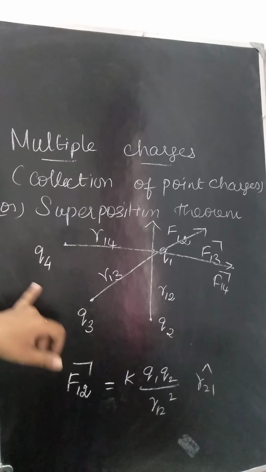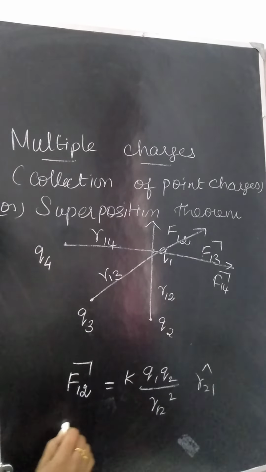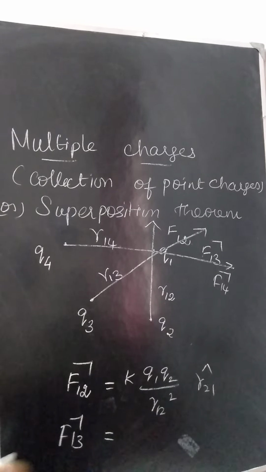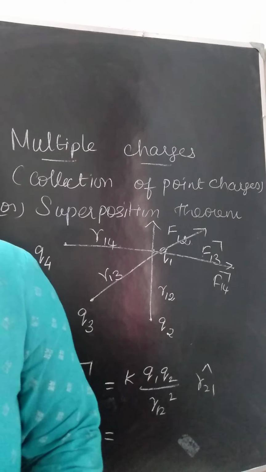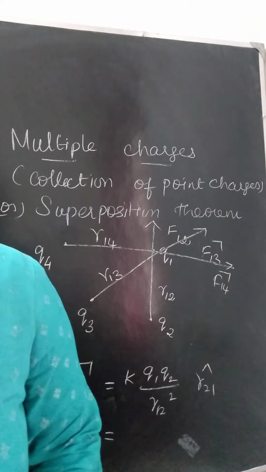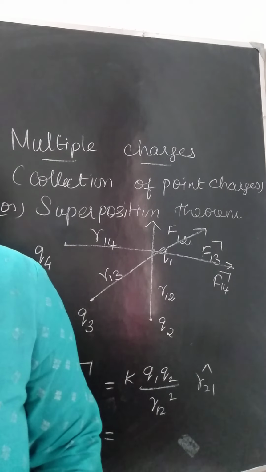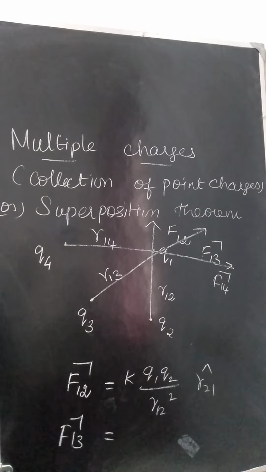Tell me for 3 and 1, 4 and 1, the value of F13 vector and F14 vector. F13 vector will be equivalent to... R12, no, it will not come like that. Here, from the origin point they are taking all the directional vectors towards Q1, right?